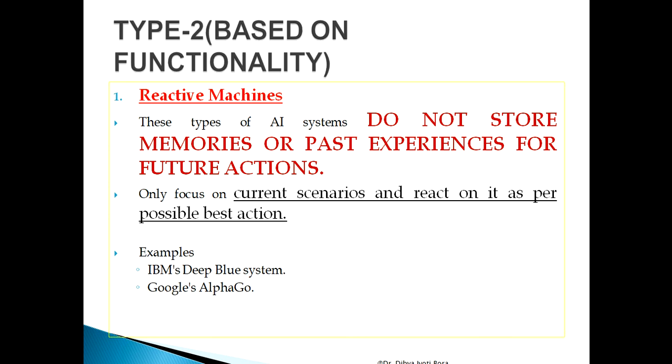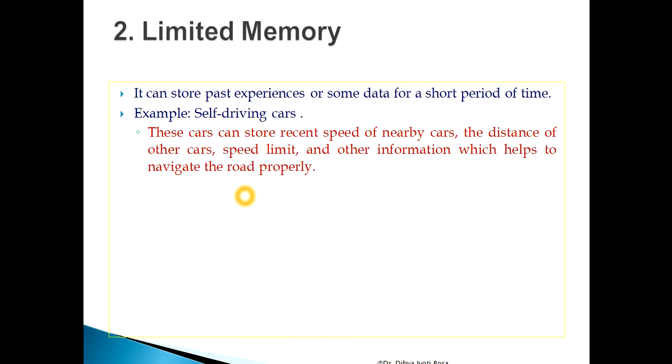My suggestion is that you do some research on each of them. So this comes under reactive machines. Then limited memory. It can store some past experiences or some data for a short period of time.